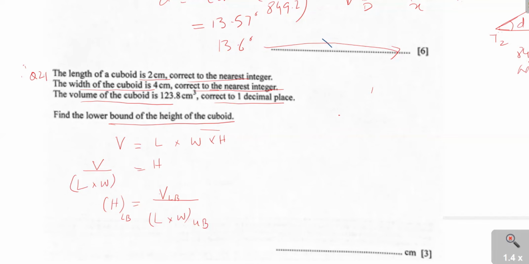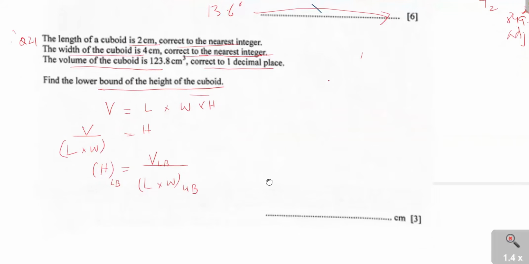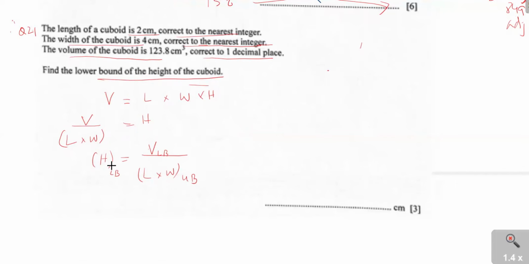This is the formula for limit of accuracy when we take the lower bound value in the division case. According to this, we can write volume lower bound will be equal to length lower bound into width lower bound.